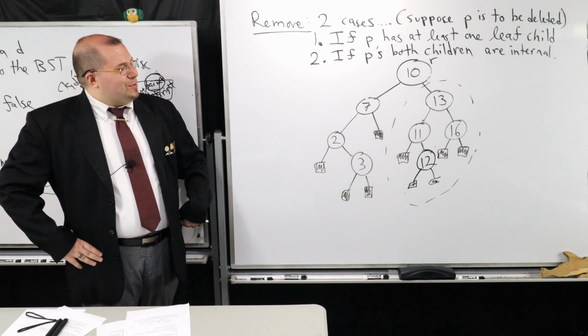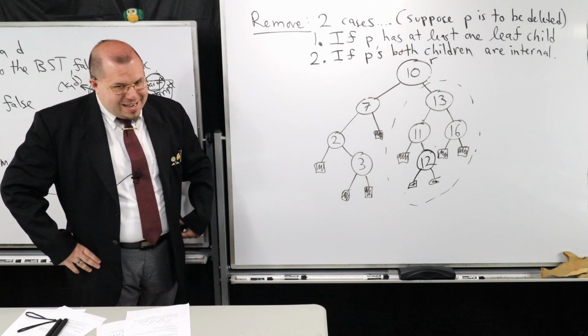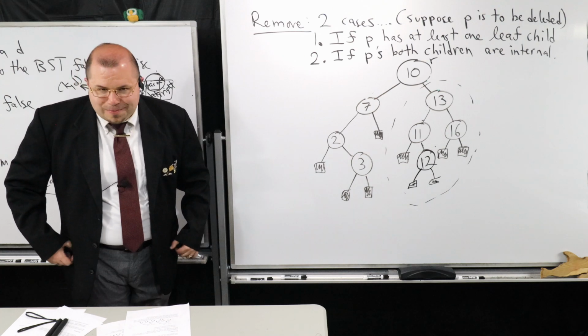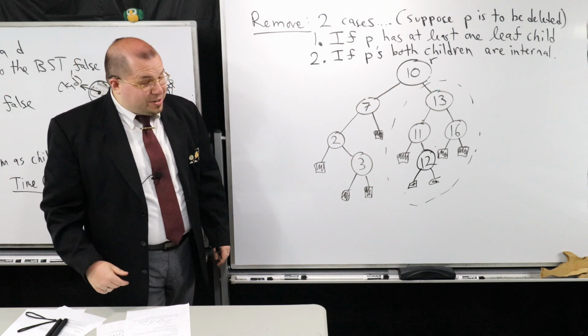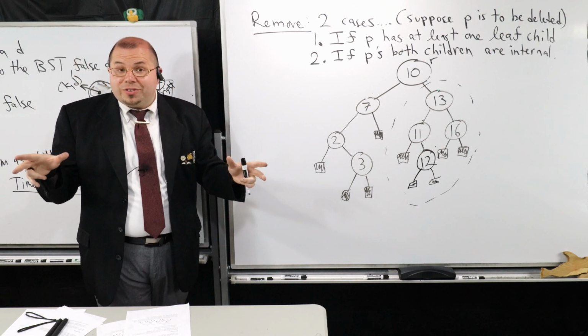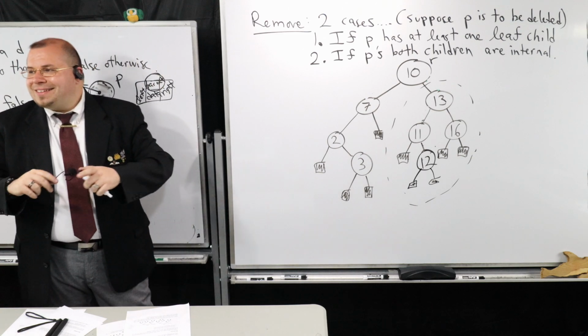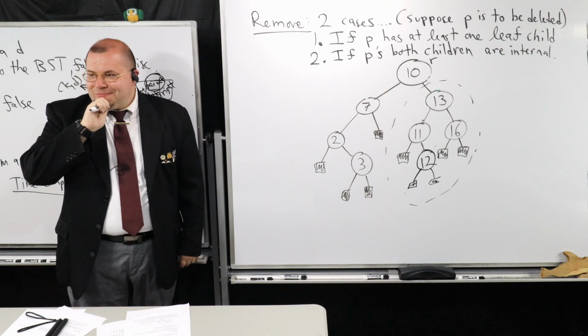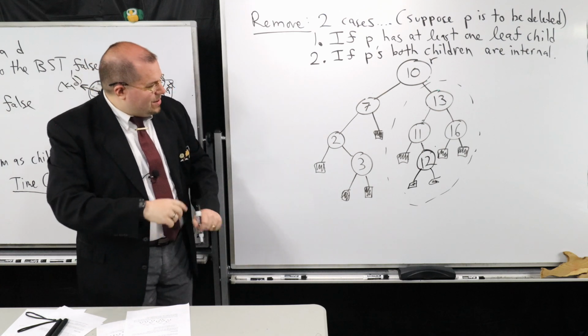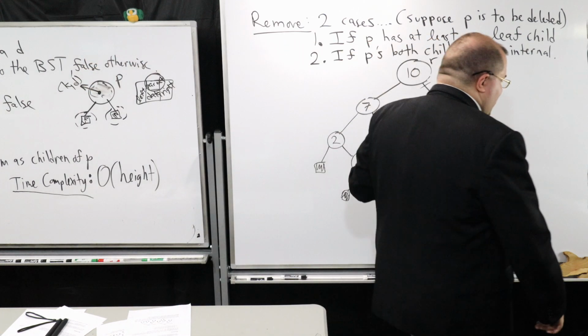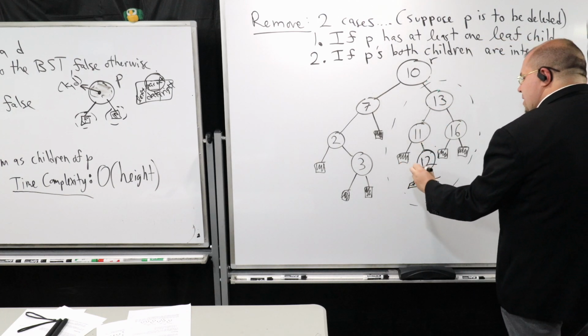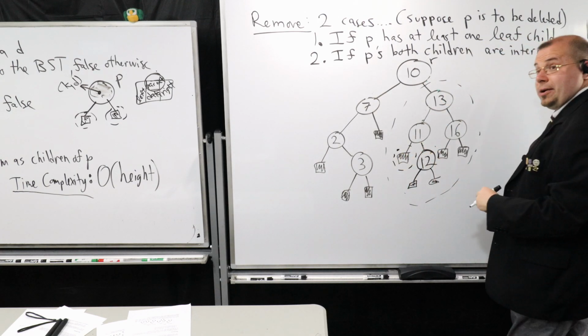Remember, we're looking at the smallest key in that right subtree. Does it have two internal nodes as children? Yes or no? Well, think about it. If I go as far left as possible in this tree here, notice that there is a leaf node right here.